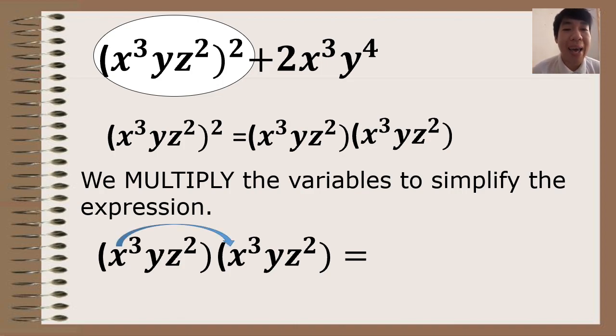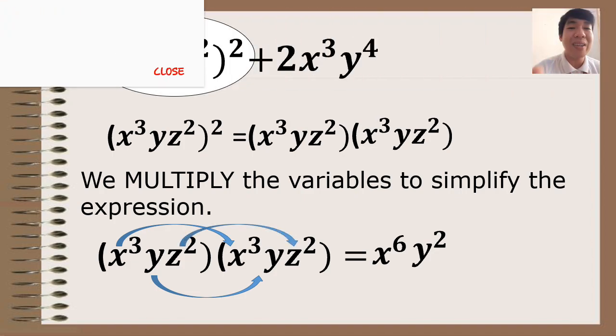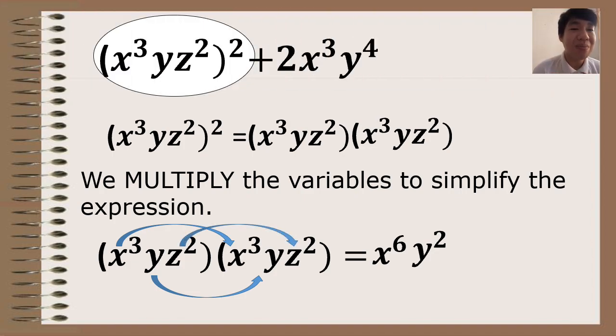We multiply x cubed times x cubed is equal to x raised to 6, right? Y times y is equal to y squared, right? Z squared times z squared is equal to z raised to 4.